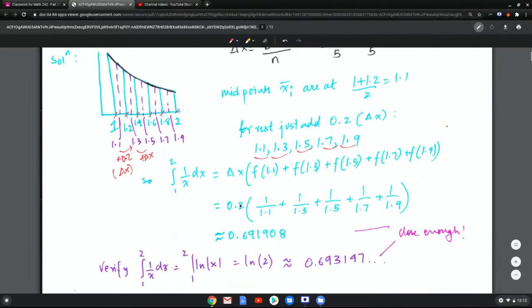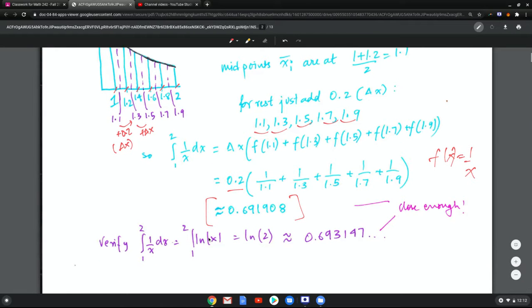So this integral is going to equal delta x, which is 0.2, times f of 1.1, where remember f of x is 1 over x, that's what we are integrating. So 1 over 1.1 plus 1 over 1.3, and so on, gives me this. You can verify, you actually can find this integral explicitly. It's log of x, which gives me log of 2, which is 0.693147. So it's close enough.